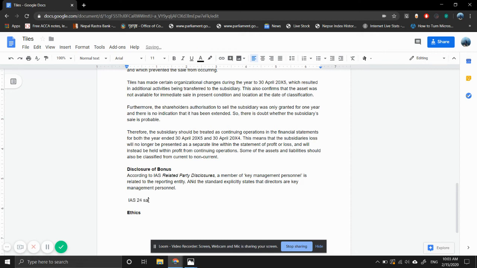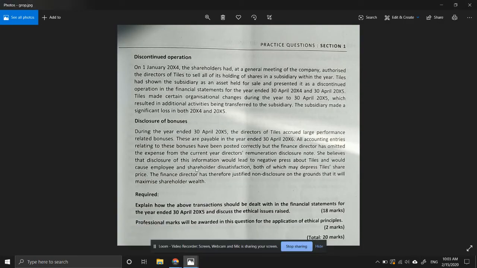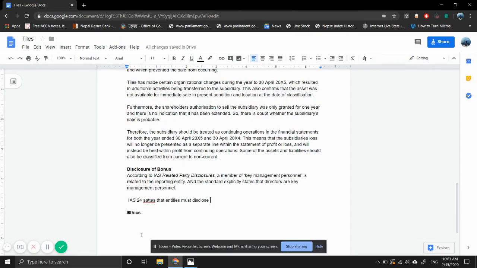IAS 24 states that entities must disclose. Is it about compensation? Isn't it? Remuneration. Okay, so it's about compensation, and then why? Because of shareholders' wealth, right? That was the argument point.